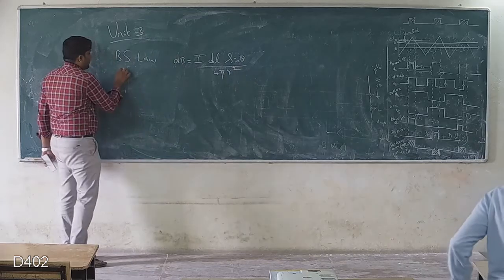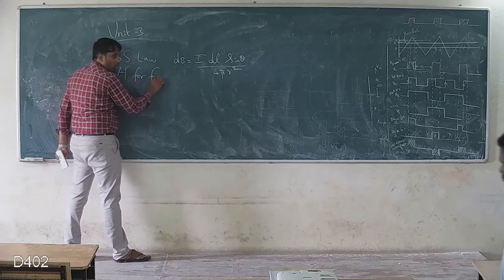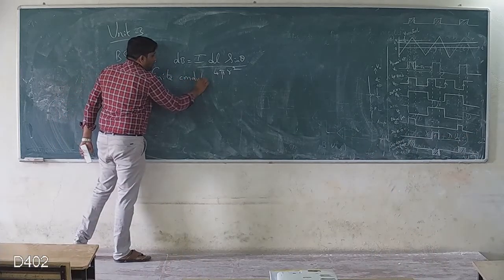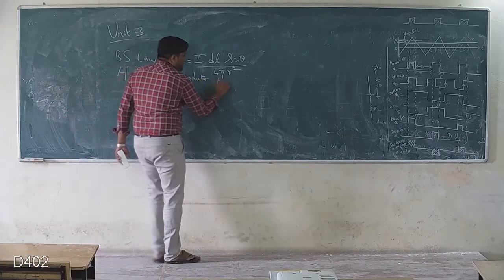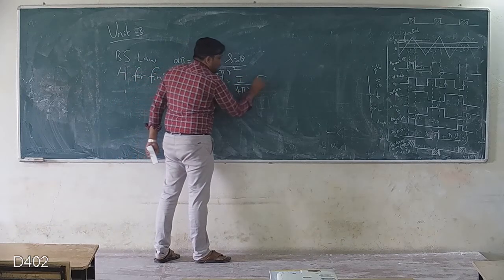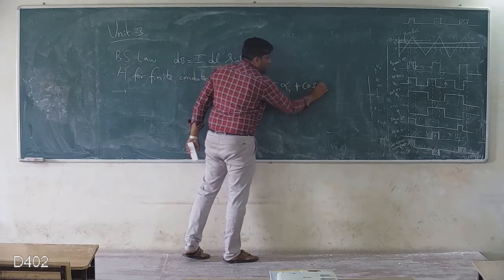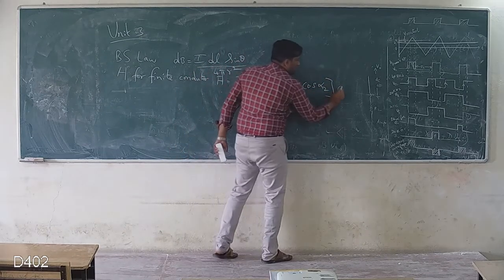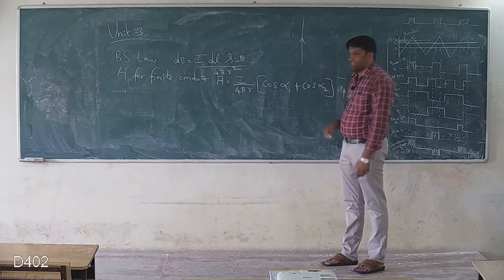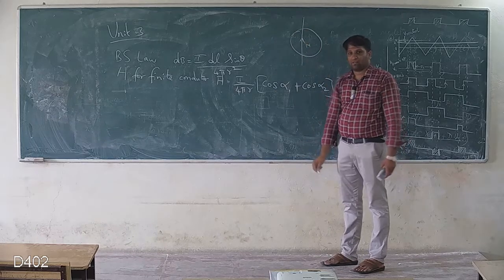Second thing is we applied H field for a finite conductor. For a finite conductor, we have one important answer. H vector is equal to I divided by 4 pi r, cos alpha 1 plus cos alpha 2, in the direction of A phi. Whenever the current is flowing in this direction, the flux will be rotating flux.